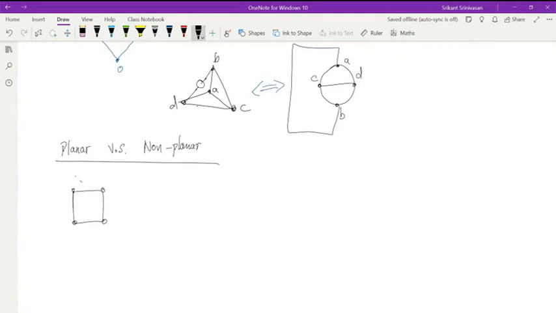Let's consider the same network, and now I add some more lines. Is this a planar network?